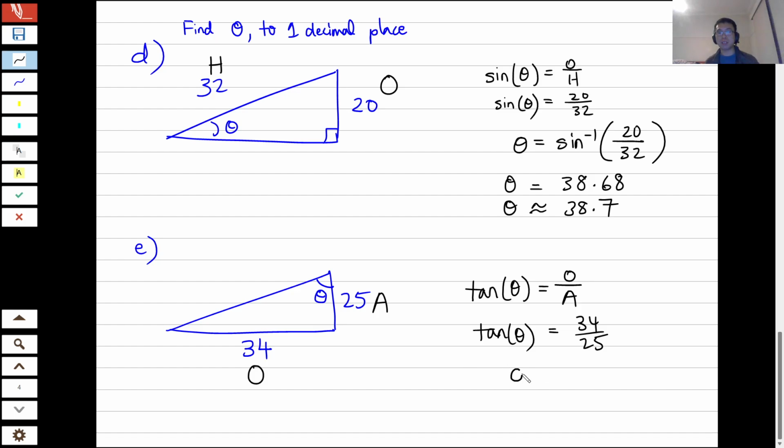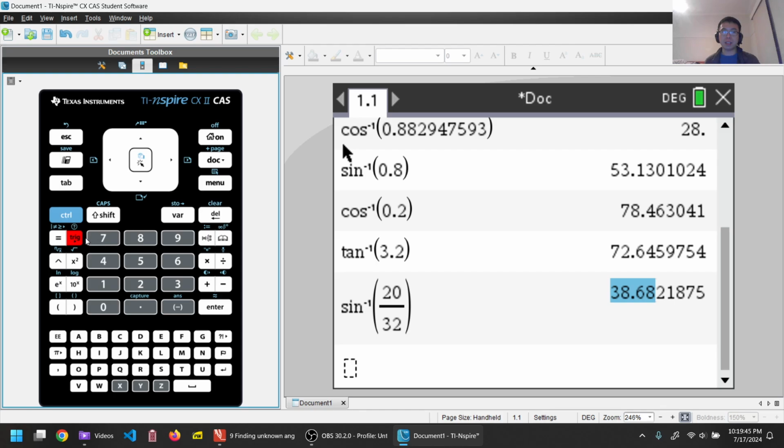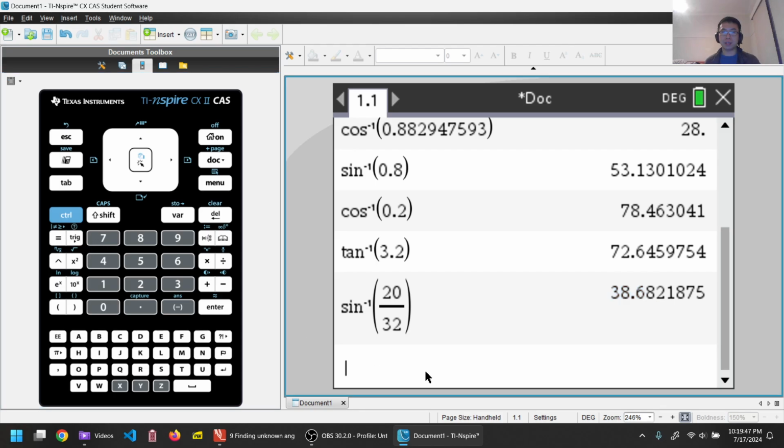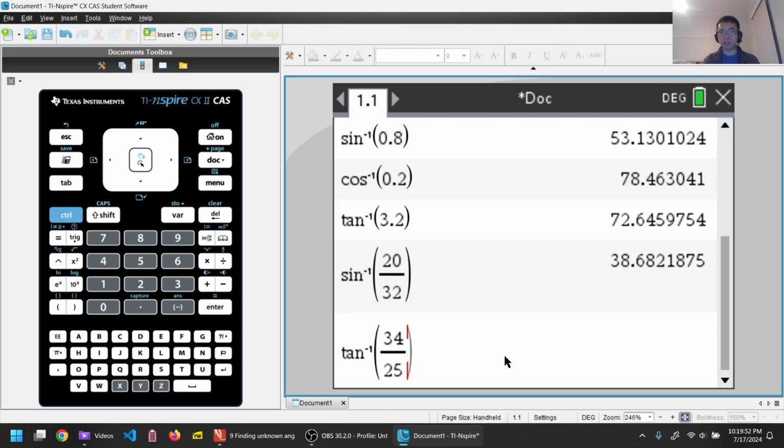Therefore, to get the angle theta by itself, I need to take the inverse tan of the number 34 on 25. And I will type this into the calculator. Inverse tan of 34 over 25.